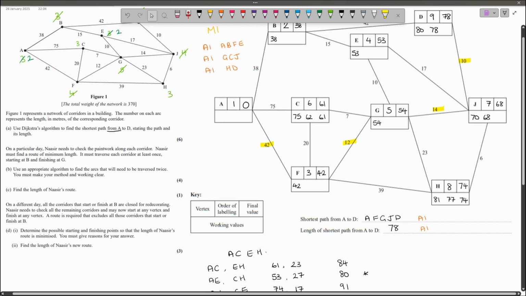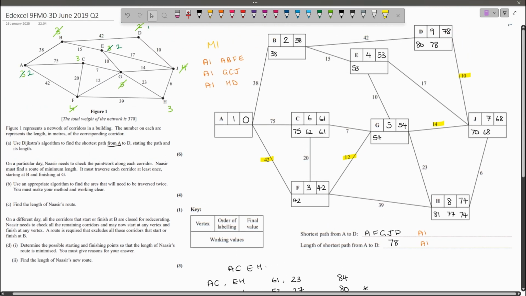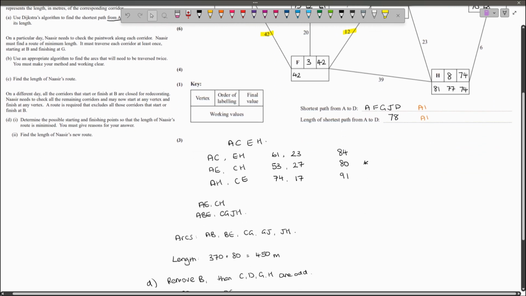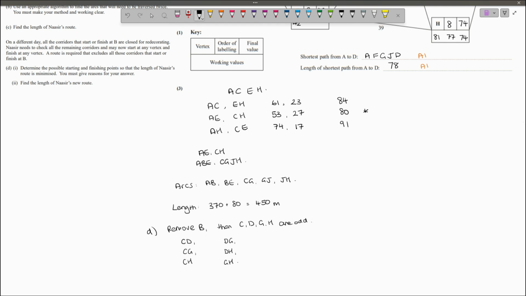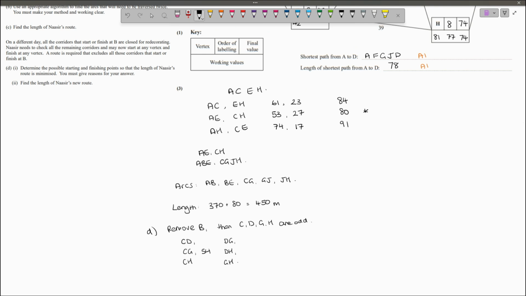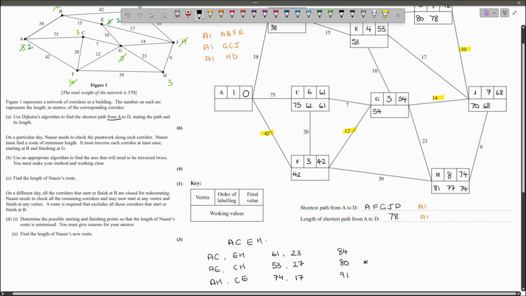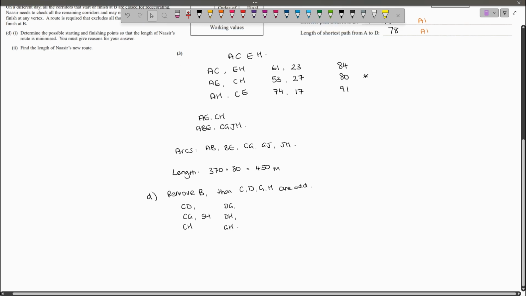So we can look at our graph, and we're going to get CG is 54, so we can add that in. I'm going to try and find CD. CD appears to have a length of 31. So if we go to our graph, if we do C to G to J to D, that has a length of 31, but appears to be the shortest for CD.